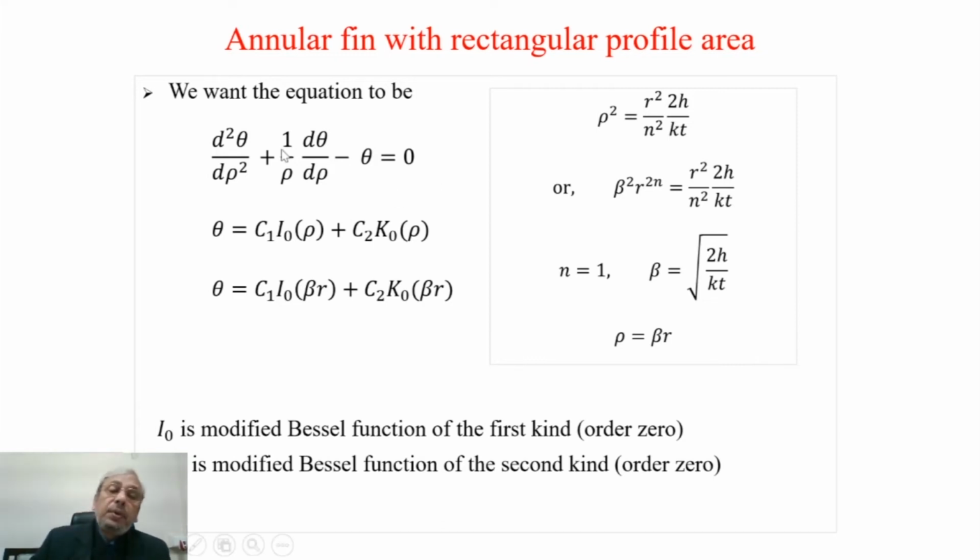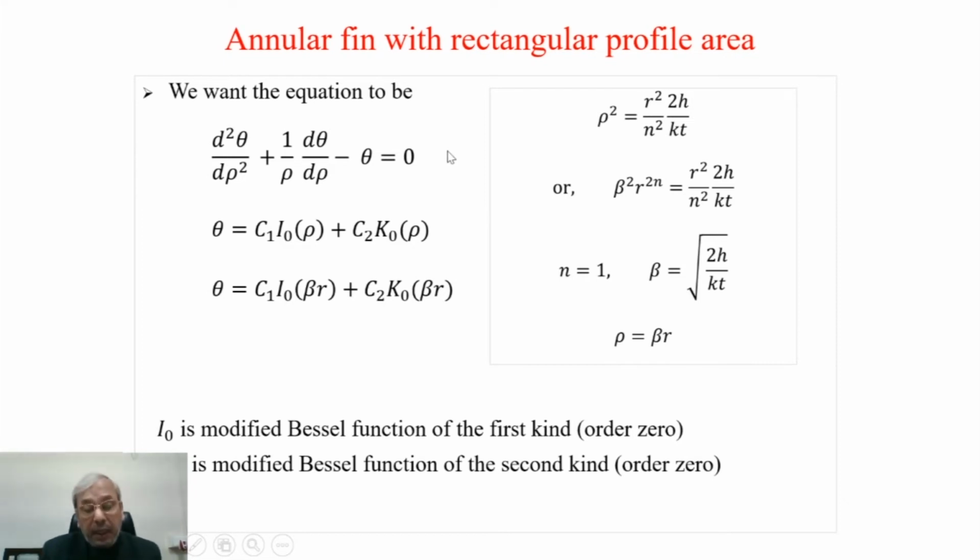So we move forward with this understanding that n equal to 1, beta equal to root over twice h by kt, and then rho is basically r square by n square into twice h by kt, where n equal to 1. Then our governing equation matches exactly with the modified Bessel's equation.